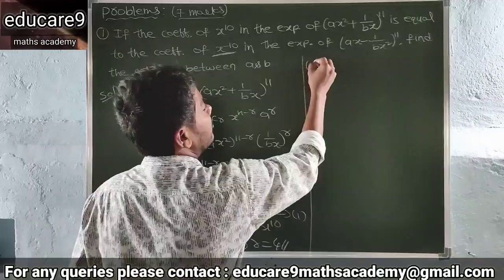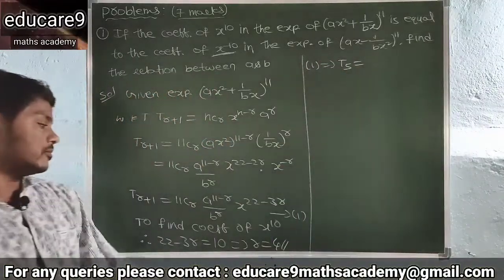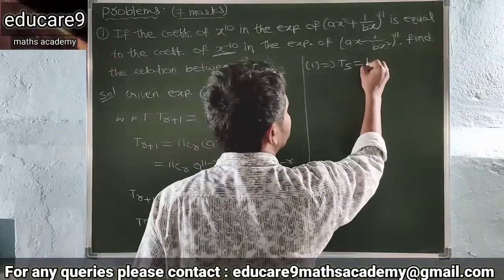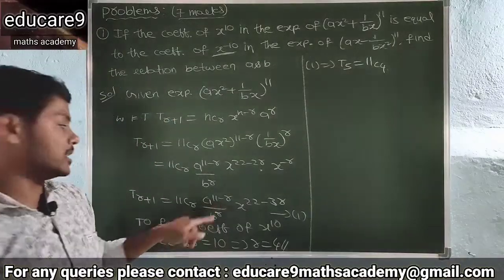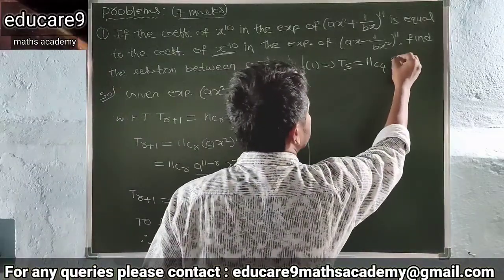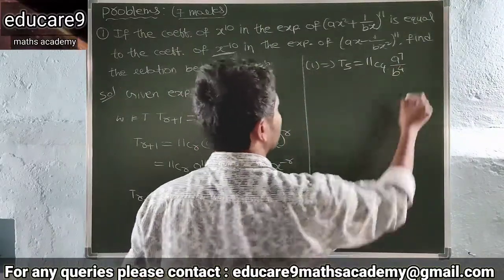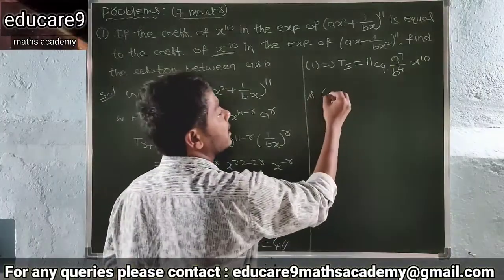So equation 1 implies T5 = 11C4 a^(11−4), that is a^7 by b^4, x to the power of 10.